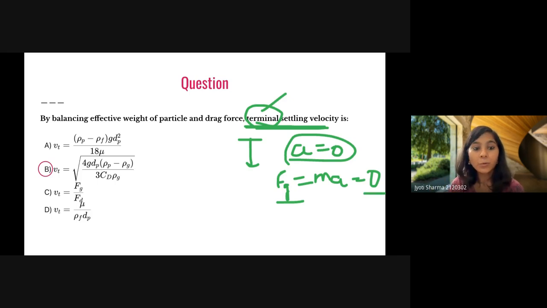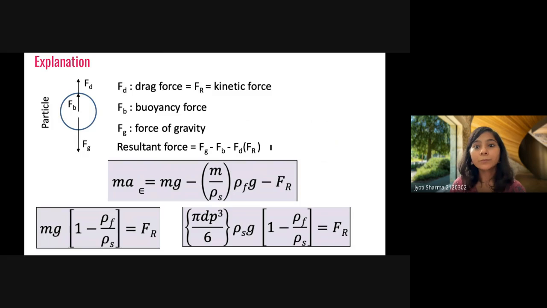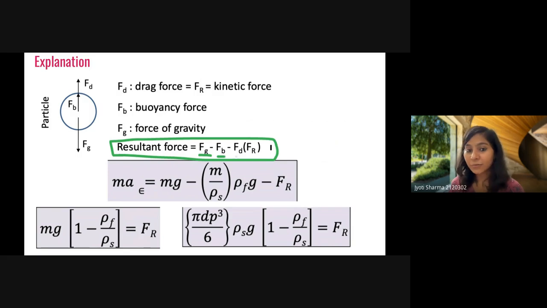Now I will tell you how this was derived. We are going back to this one. We have learned this, right? Resultant force is equal to Fg, the force due to gravity, minus buoyancy, minus drag force. We have learned the formula for this drag force, and we also have a formula for buoyancy. And this will be 0, right?